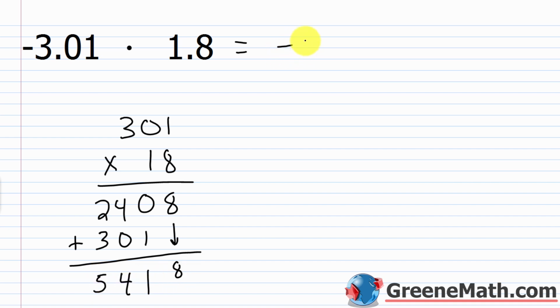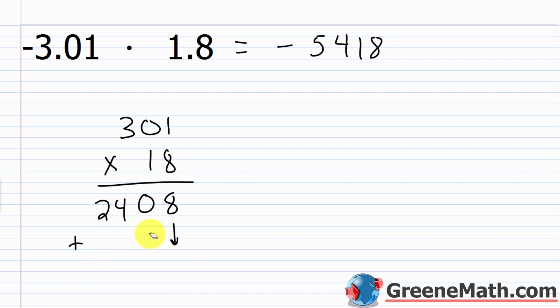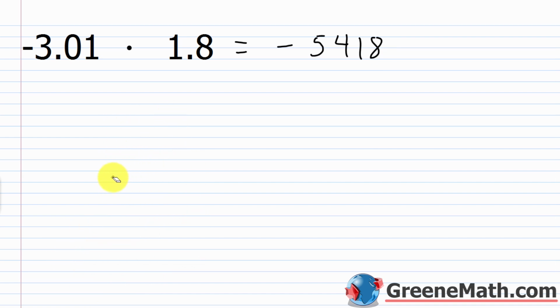I'll write this up here next to this negative 5,418. And I can go ahead and erase this now. And let's just figure out where we're going to put our decimal point. Again, I'm looking for how many decimal places I have between the factors. So here I have 2 decimal places. Here I have 1 decimal place.